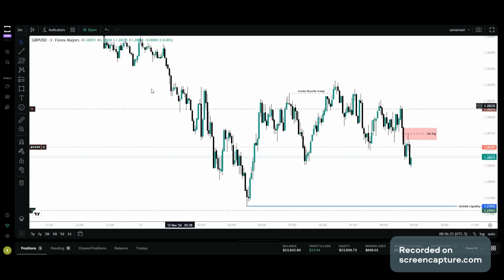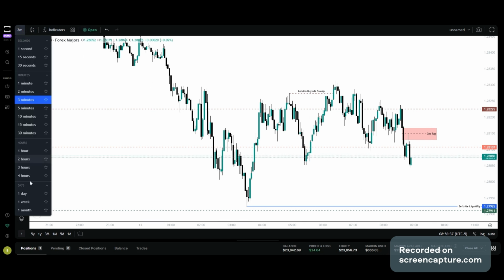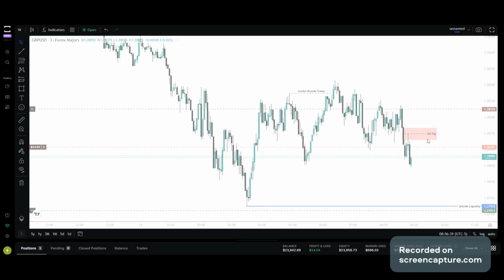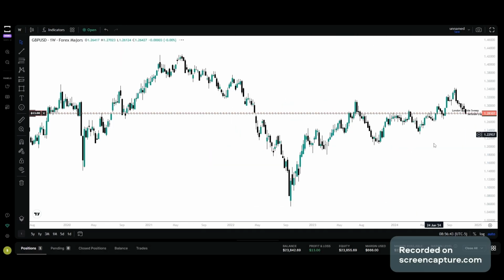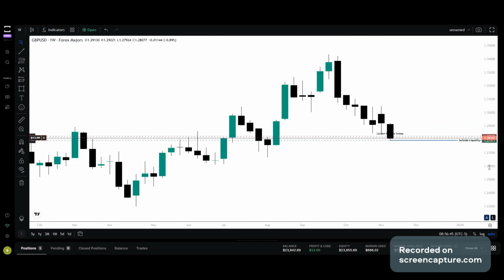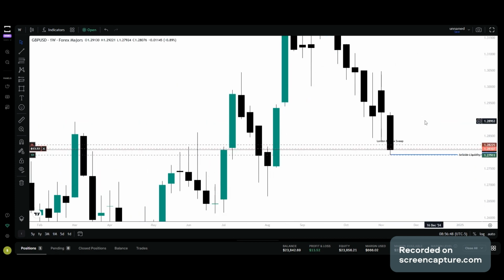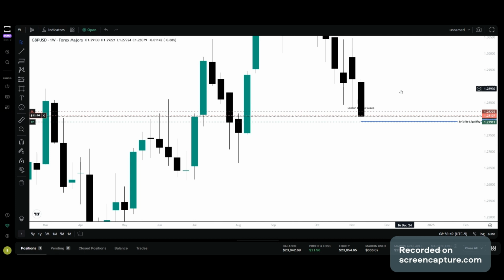Okay. So top down, I'll go into what I was looking at, starting at the weekly. So as we can see this week, Monday was a large range day. We've had a lot of price action that's been going lower.